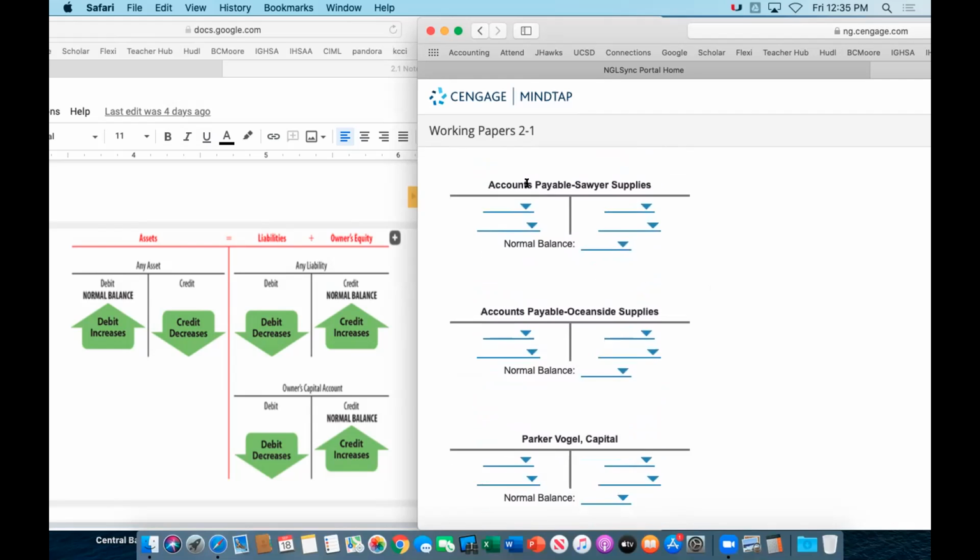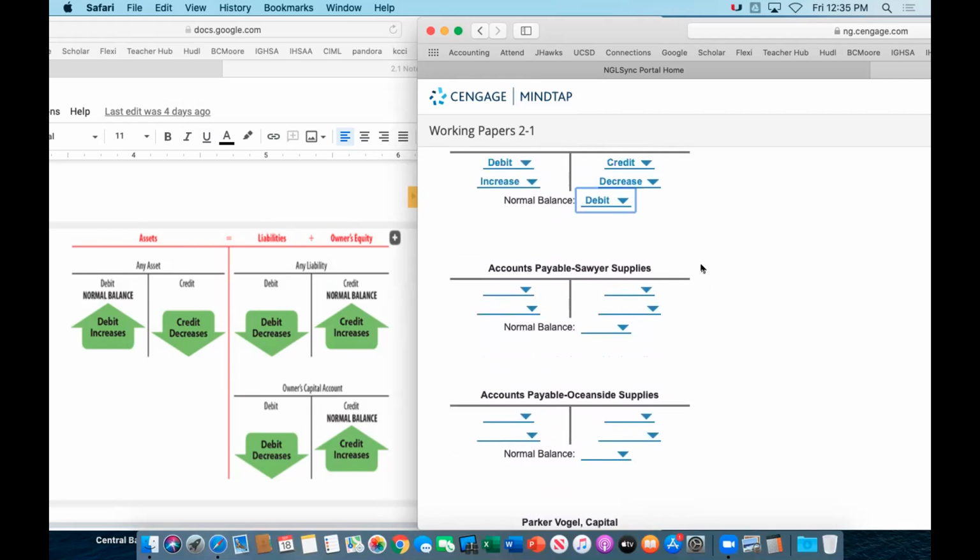Okay. Accounts payable, we got two of them here. What side of the accounting equation is accounts payable? They're liabilities. They're on the right side, correct? Accounts payable and liability are the same thing for us. So what do we say are absolutes?